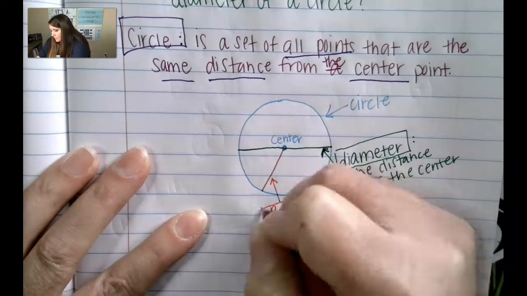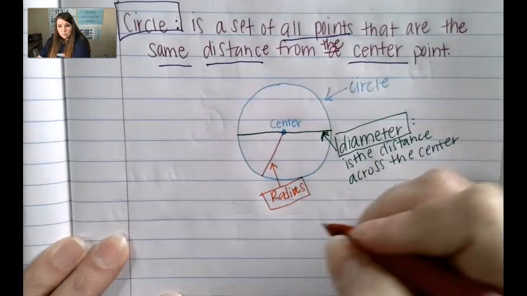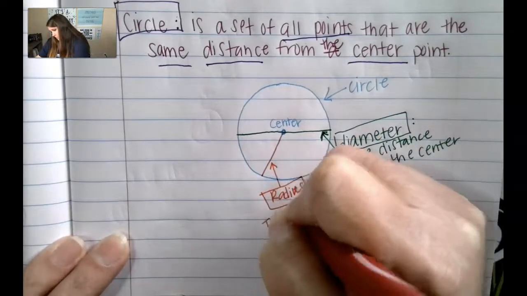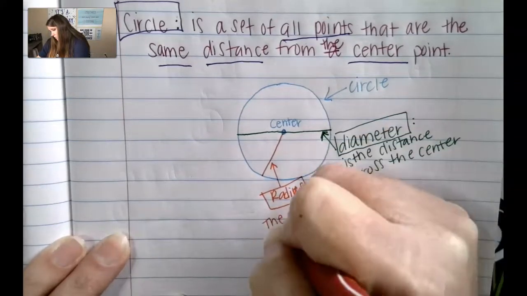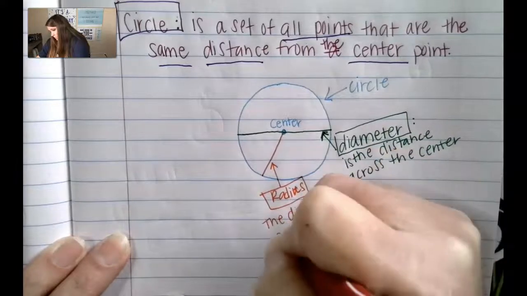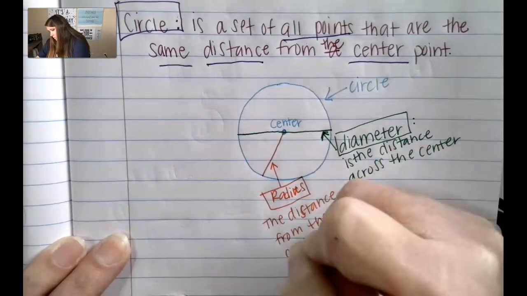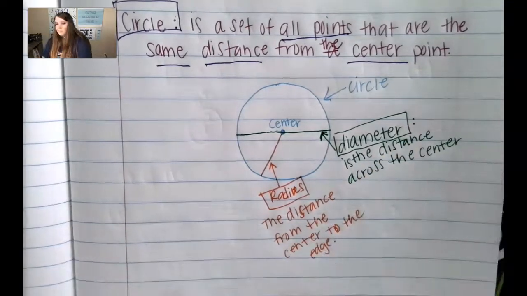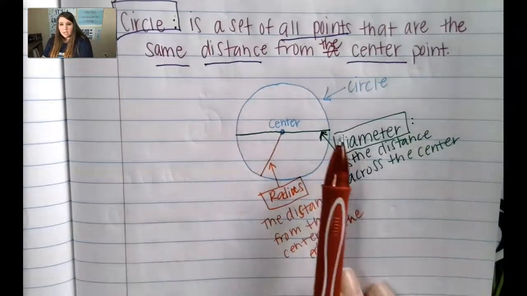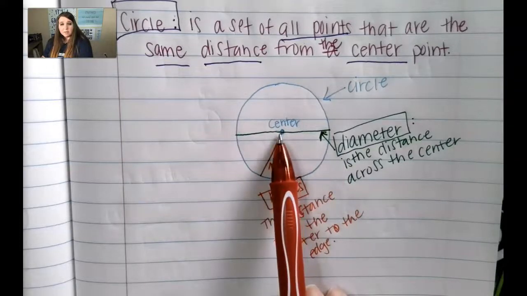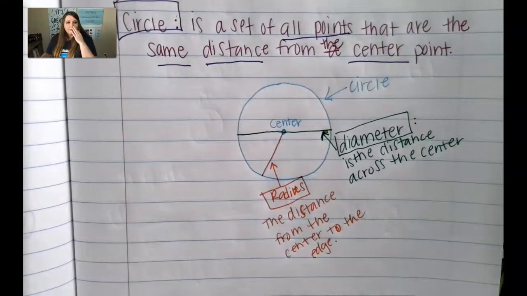And the radius is the distance from the center to the edge. All right, so if you notice, the diameter runs from edge to edge. The radius runs from the center to the edge. So these are our vocabulary words.